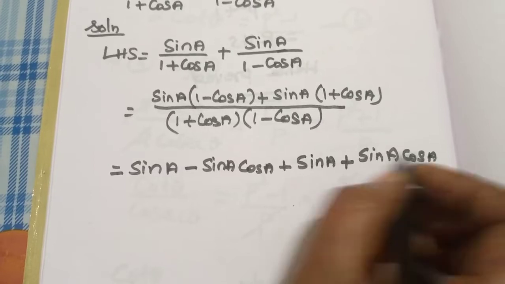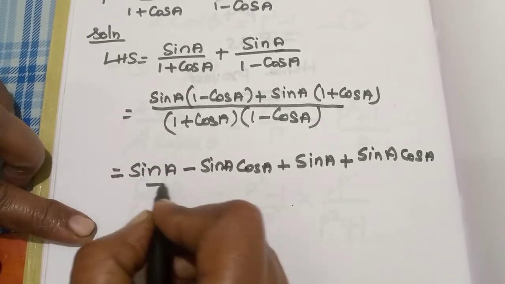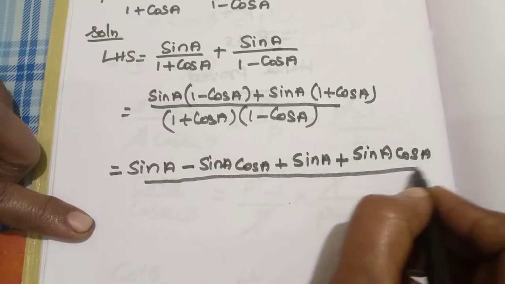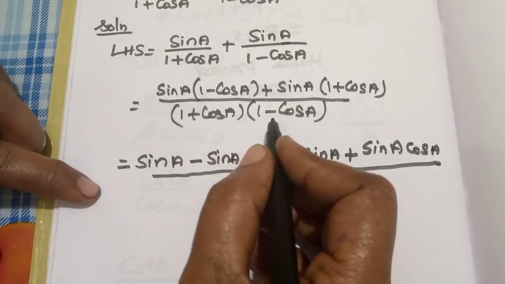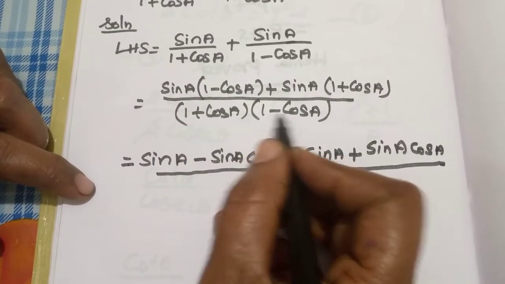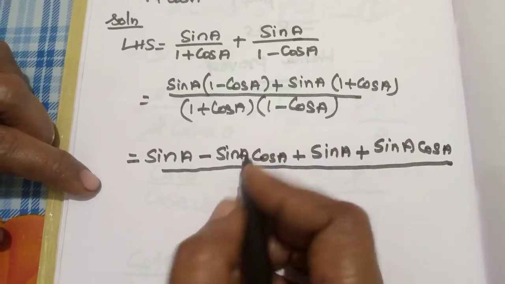divided by, here it is A plus B into A minus B, is it? So A plus B into A minus B is A square minus B square.